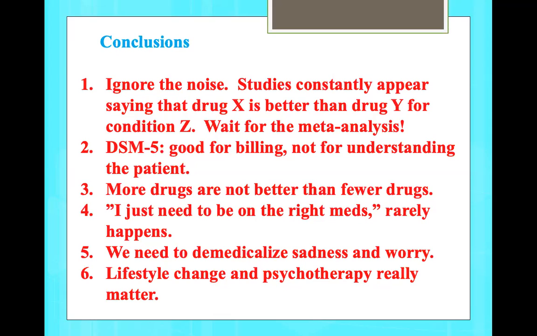And medications will not necessarily change that. But if we want to prescribe a medication, we want to target the amygdala and the frontal cortex. So we want to target these fear systems.